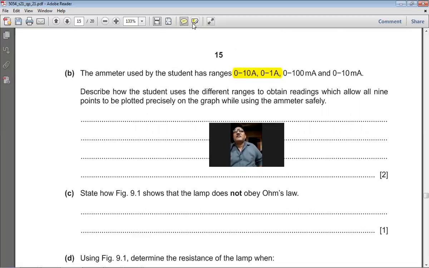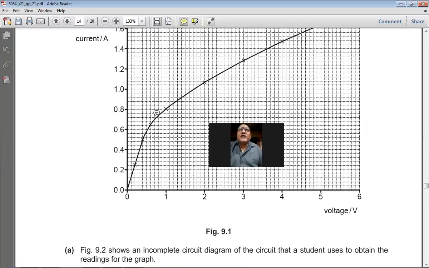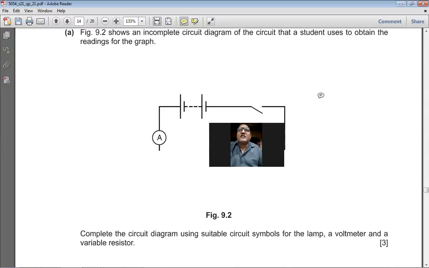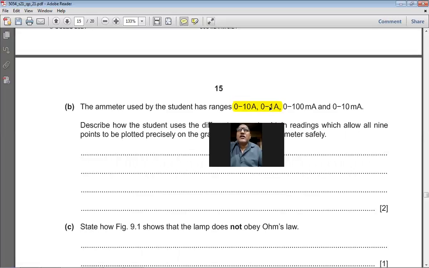Remember this thing. The reason is the maximum current which flowed is 1.8 ampere, and that cannot be measured with the other three ranges. You cannot measure 1.8 with these three.